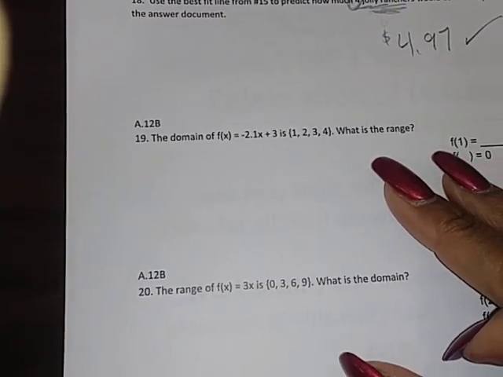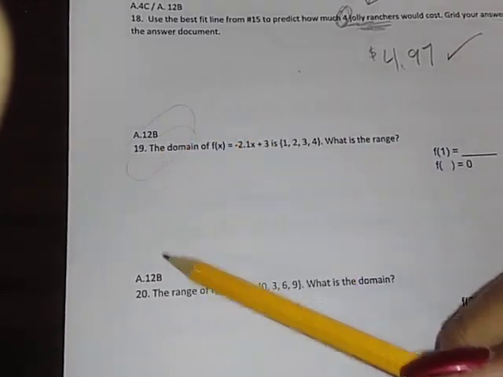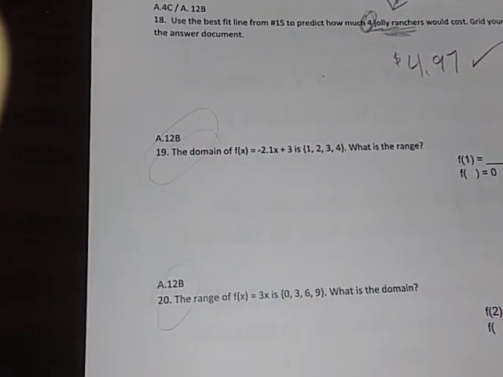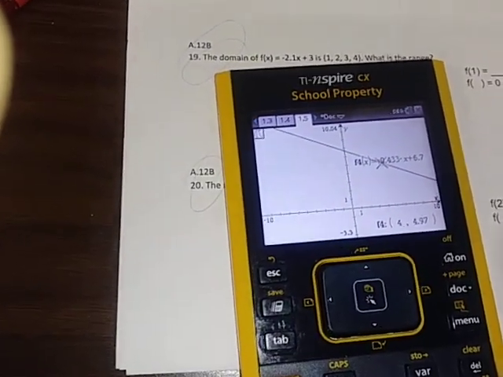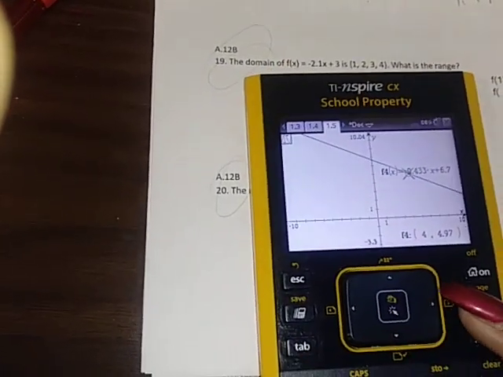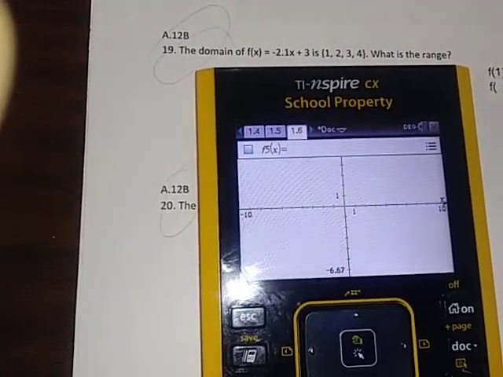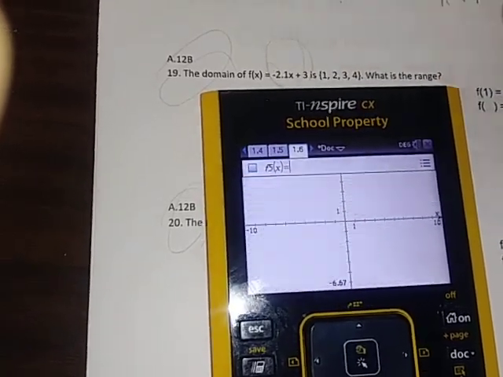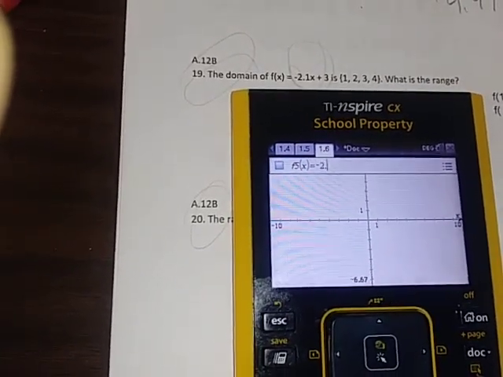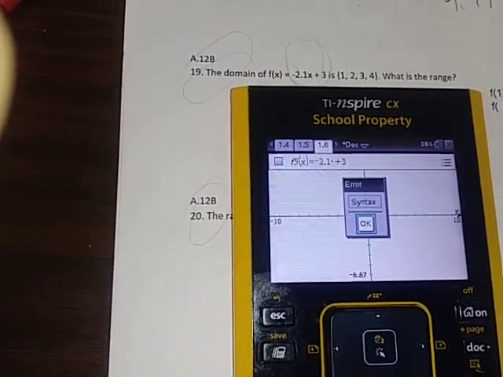Okay, so we're going to do the same thing we just did for number 18 on 19 and 20. Control Doc, add a graph, put in the equation, negative 2.1 x plus 3.